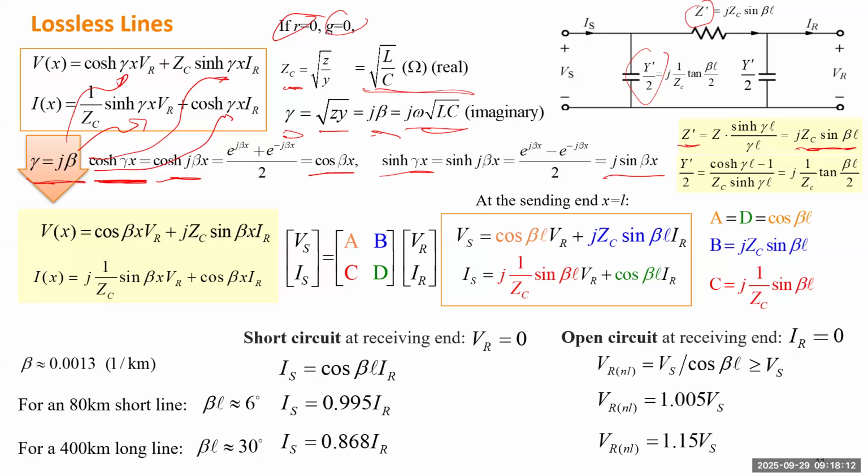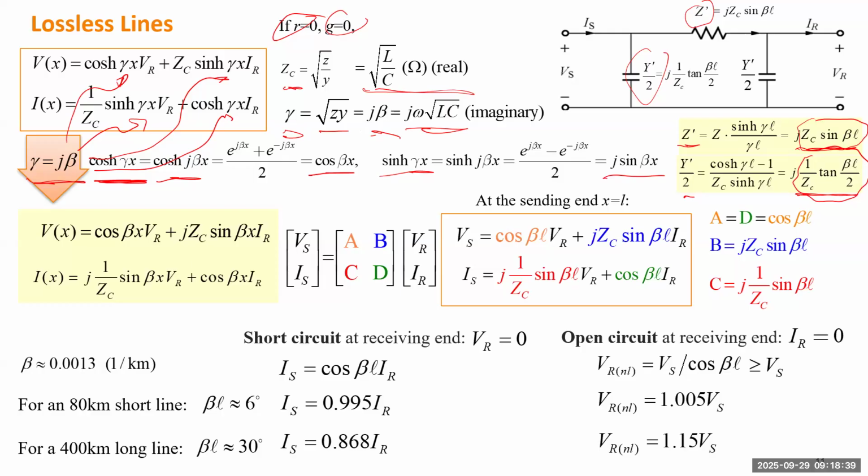So ZC times sine beta L represents the total inductive reactance of the line. The half of Y prime right now becomes another imaginary number, j times 1 over ZC times tangent half of beta L. So this part just represents the total admittance to the ground.